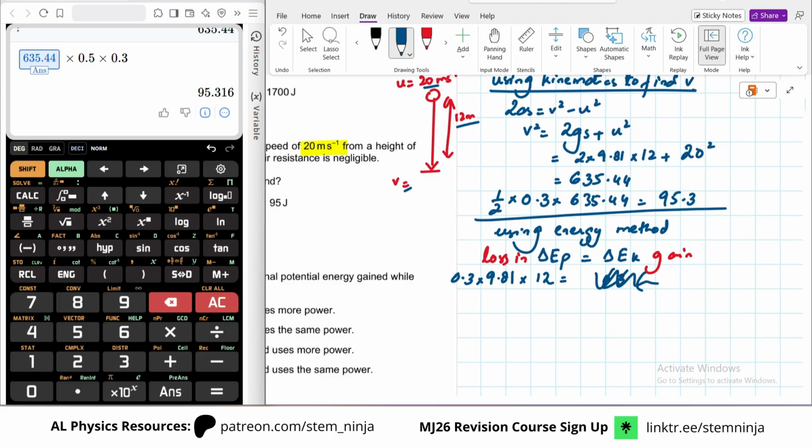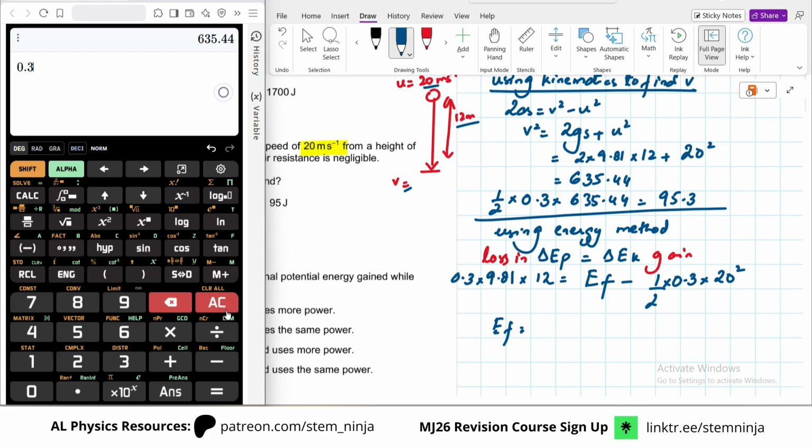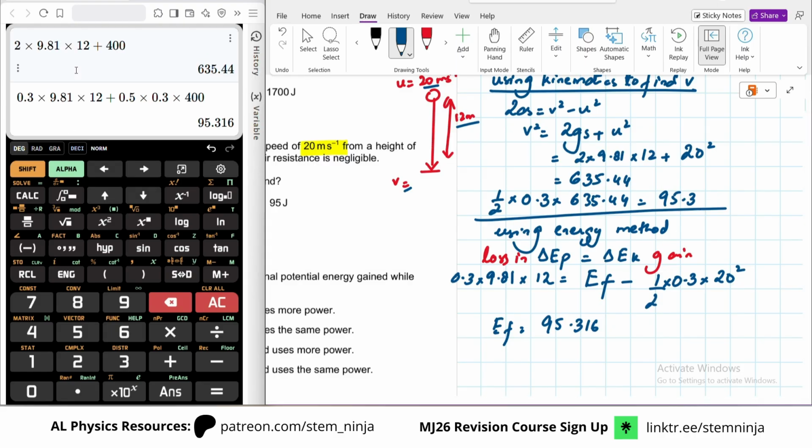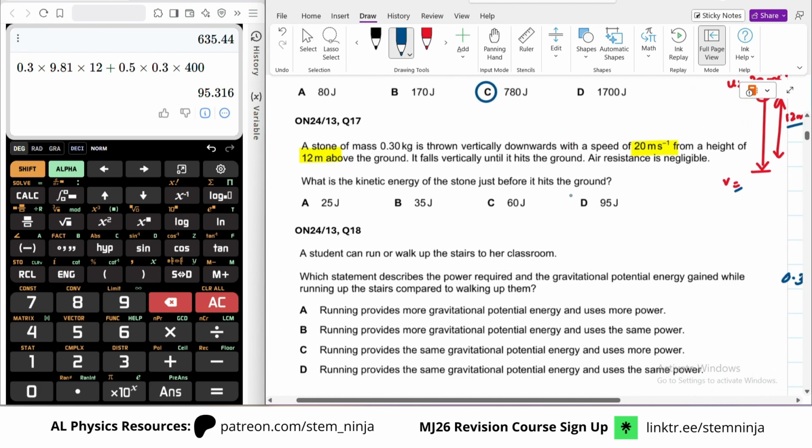So we can leave it as EK final, kinetic energy final, minus kinetic energy initial, half m v squared, which is 20 squared. So your kinetic energy final would be 0.3 times 9.81 times 12 plus 0.5 times 0.3 times 400. As you can see, we are getting the same answer as before. So 95 would be the correct answer.